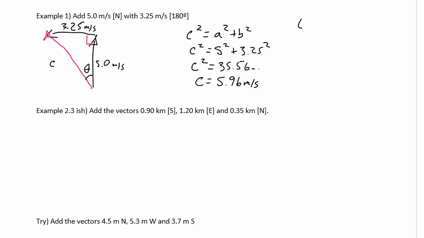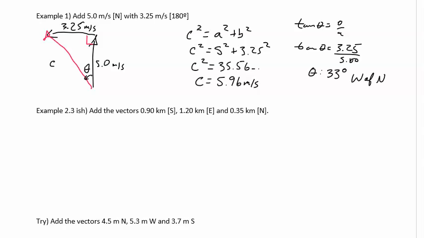To find that angle, we're going to use our tangent ratios, opposite over adjacent, which means tan of that angle is equal to the opposite, 3.25 over 5.00, which means you get a resultant angle of 33.02, or to 2 digits, just 33 degrees. Now this one is in a direction west of north.